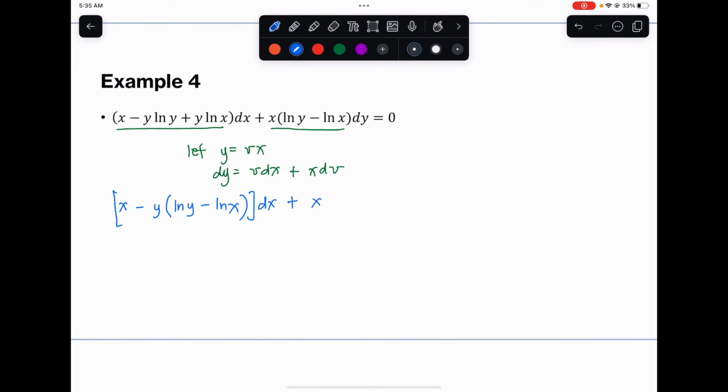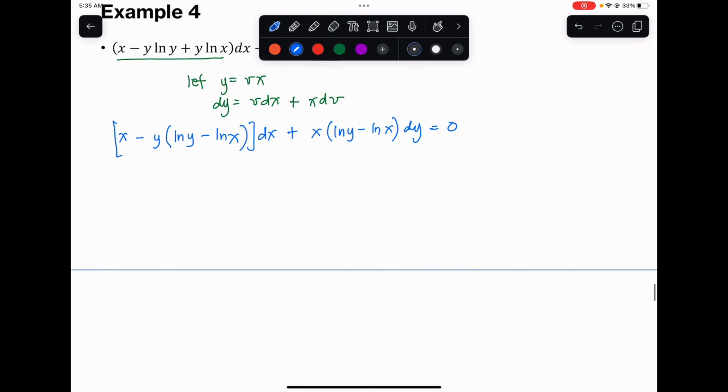Then plus x (ln y minus ln x) dy is equal to 0. Then we can make this as (x minus y ln y over x) dx, then plus x ln y over x dy is equal to 0.